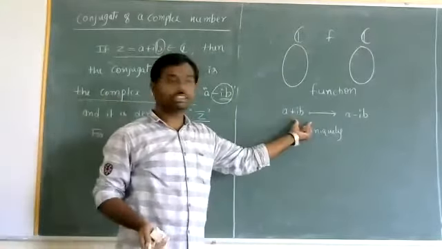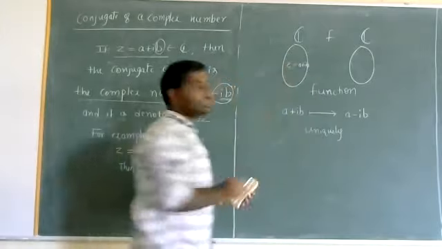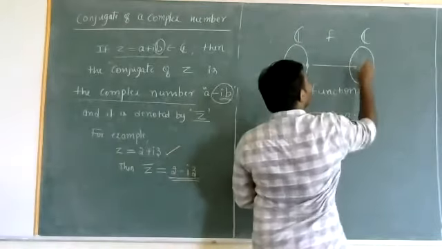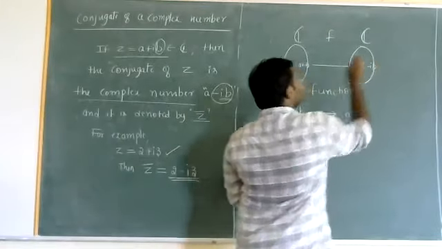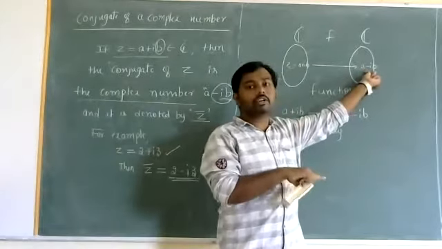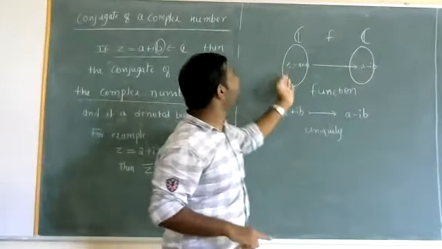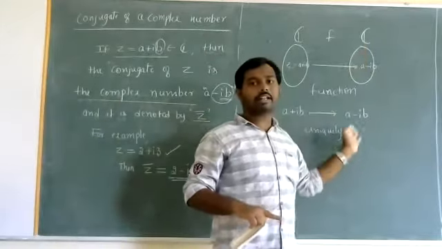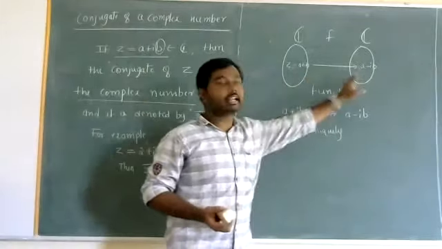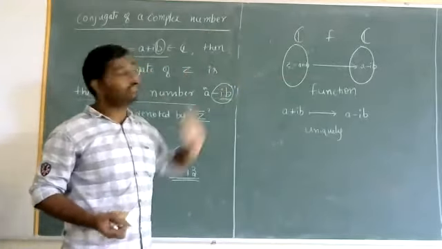What this function is doing, it takes every complex number and associates with it again a complex number which is unique. For this complex number, this is the only conjugate. So we have a unique association of all the complex numbers into another complex number. So we can regard this definition of conjugation of complex numbers as a function.